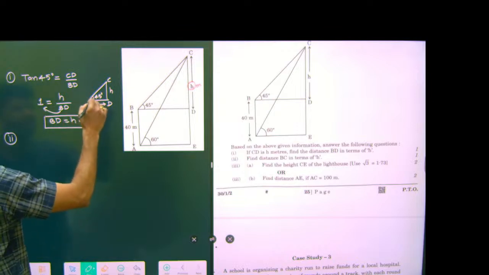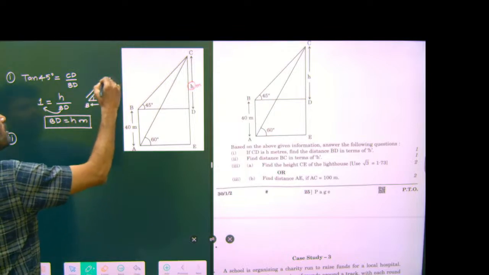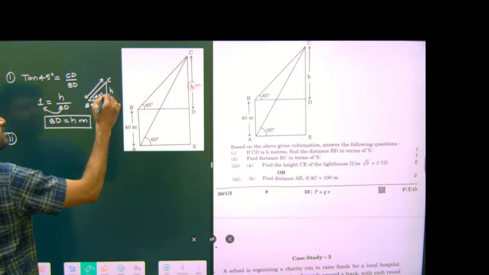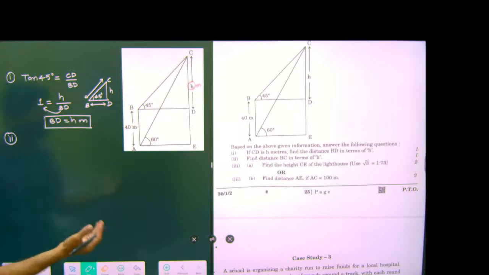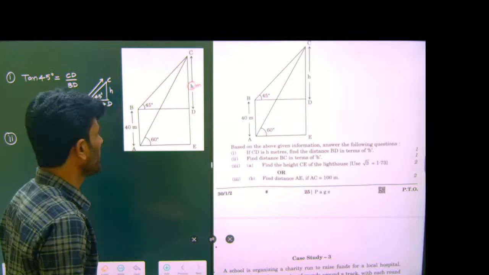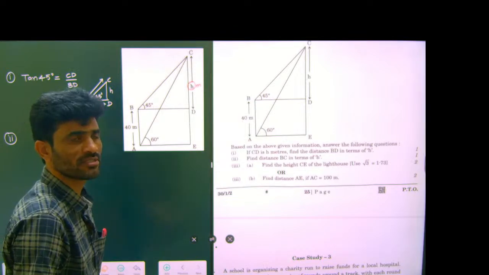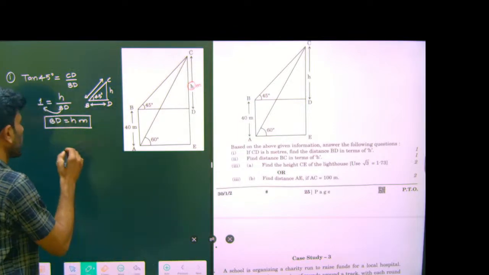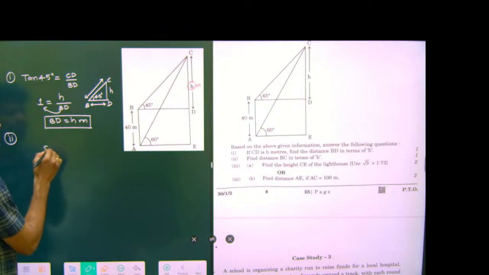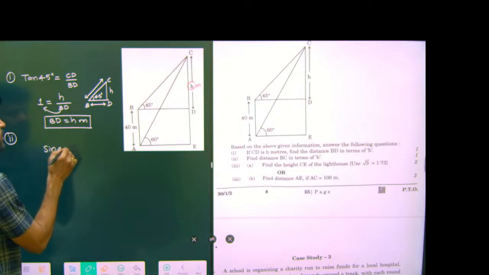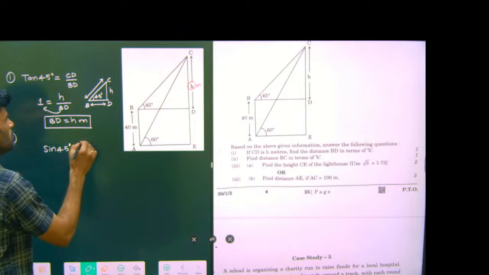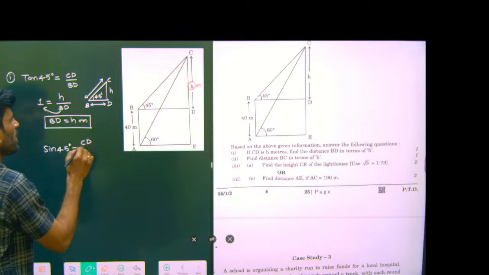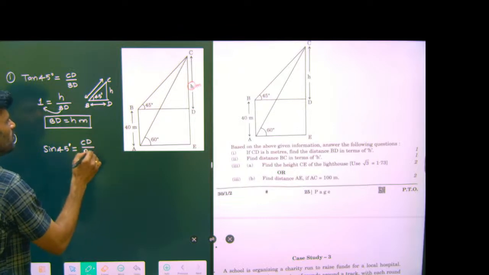In the same figure, before we got BD, now we want BC. BC is the hypotenuse and CD is the opposite side. Opposite side and hypotenuse. Which trigonometric ratio gives the relation between opposite side and hypotenuse? Sine. So we have to use sine theta. Sine 45 degrees is equal to opposite side CD by hypotenuse BC.